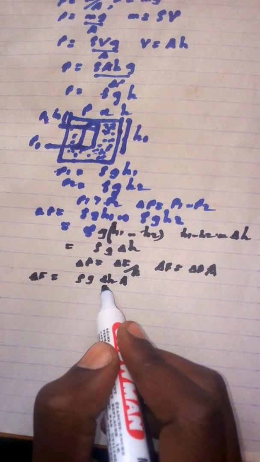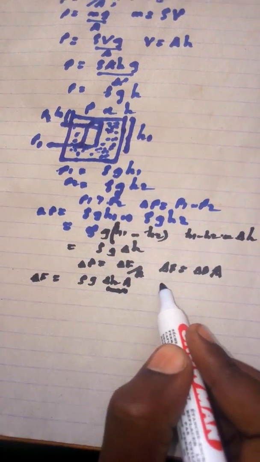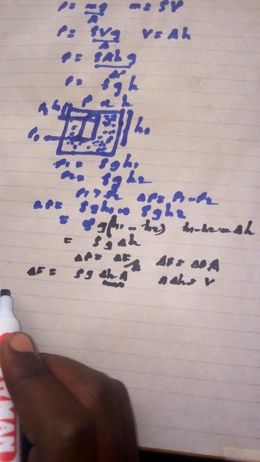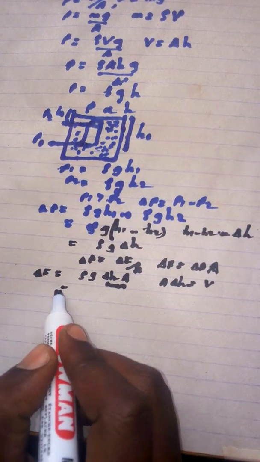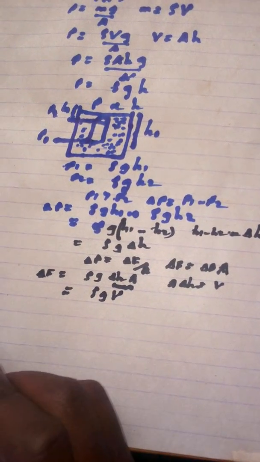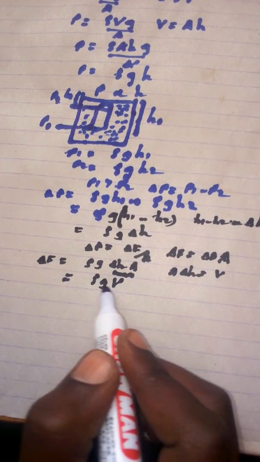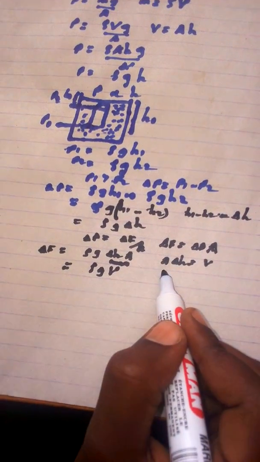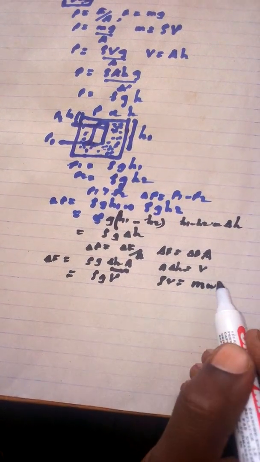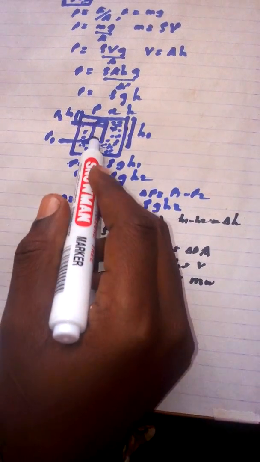Now what is area times the change in height? Area times the change in height is volume. So this is equal to rho times G times the volume of the water displaced, because area times height is volume.